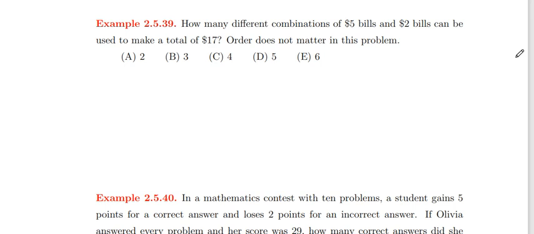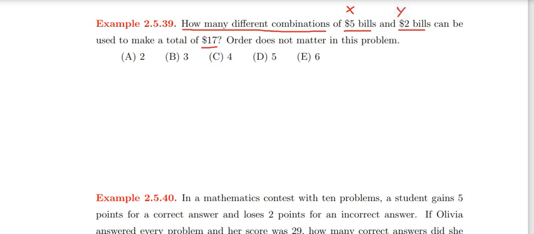Okay, so for this problem, it is how many different combinations that $5 bills and $2 bills can make a $17. So let's say we have X $5 bills and Y $2 bills.